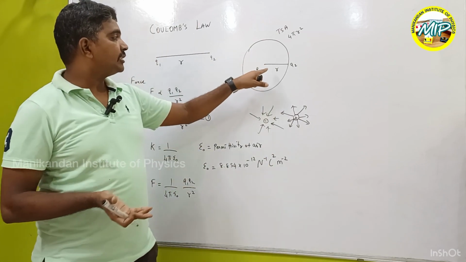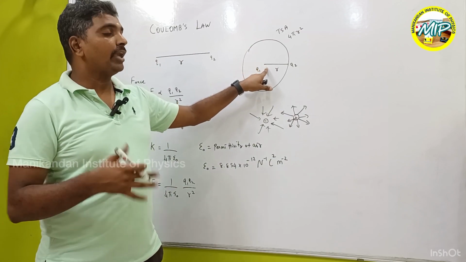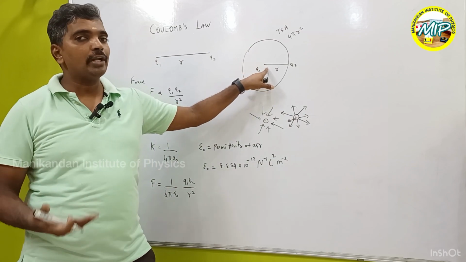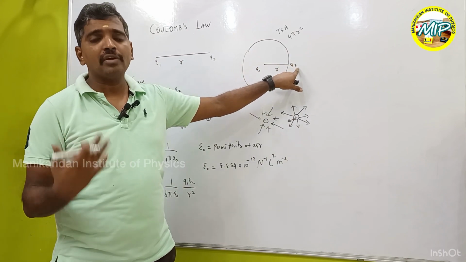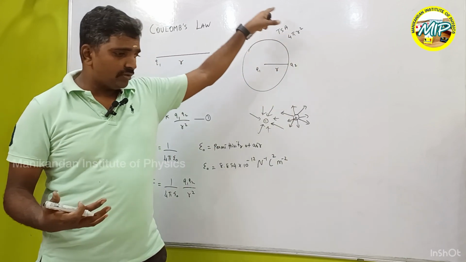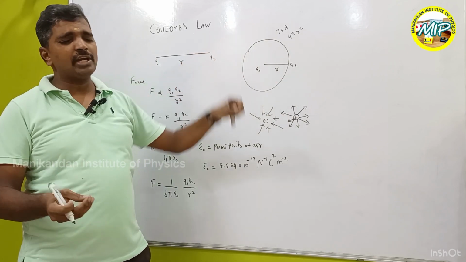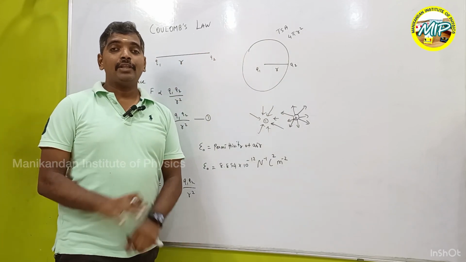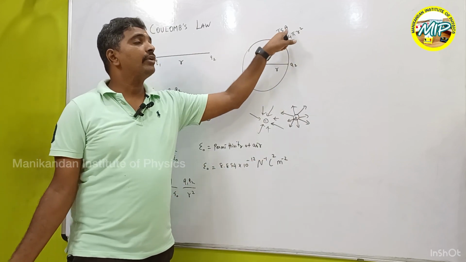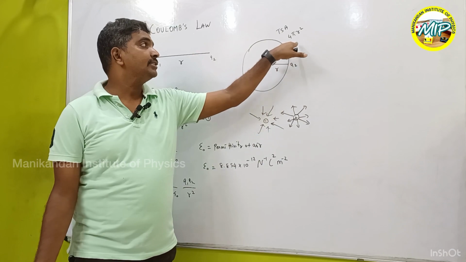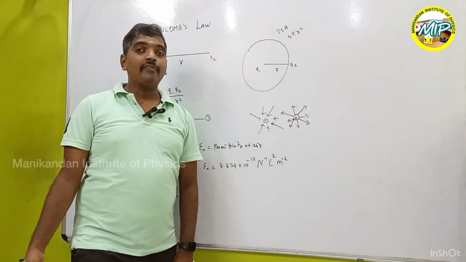If you place a charge Q1 in the middle of the football and move charge Q2 on the surface of the football, there is no change in my force. Only when the total surface area of the football increases will your force be affected.